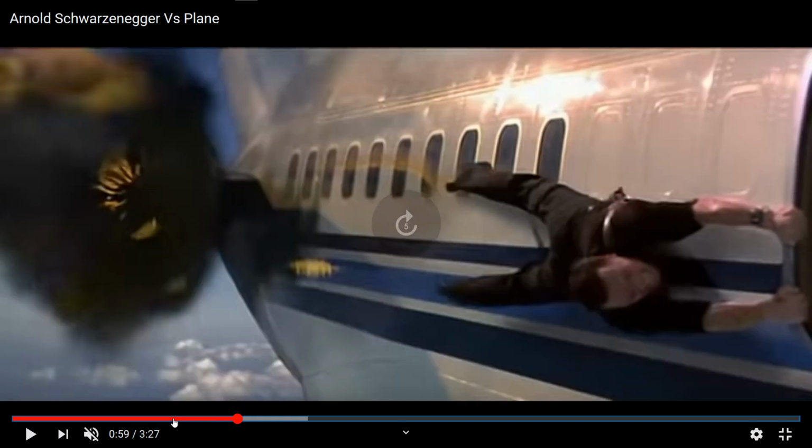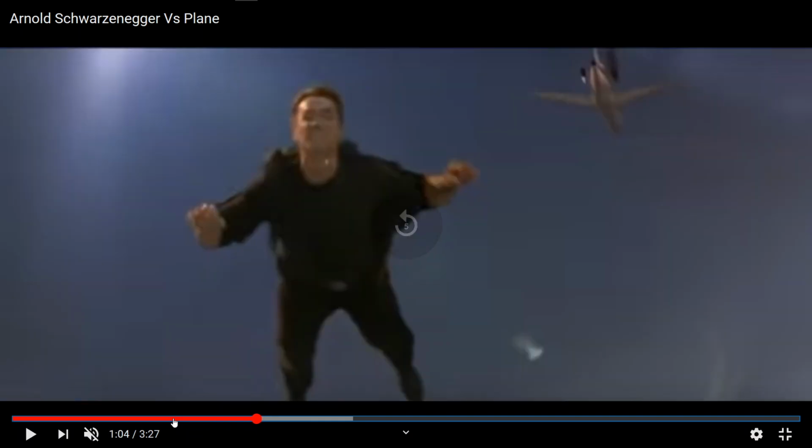So he lets go of the airplane, and he starts coming down, falling through the air, but the parachute's way ahead of him. So he does a head dive here.